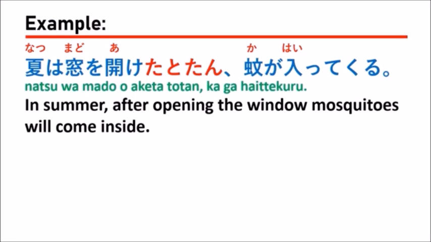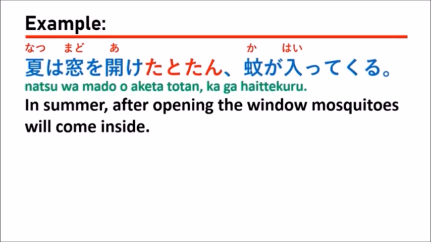They use the verb akeru, which means open. When changed to the past tense, we can say aketa, followed by Totan. So we can say aketa Totan, which means when you just open the window. Mado means window too. So they say after opening the window, mosquitoes will come inside. Ka ga haite kuru. Ka means mosquito.